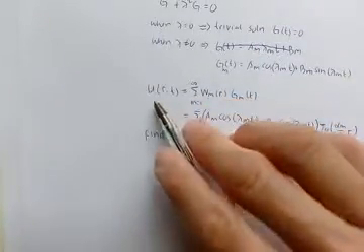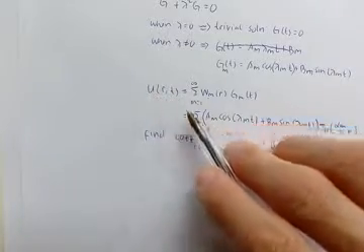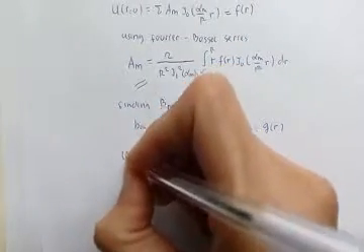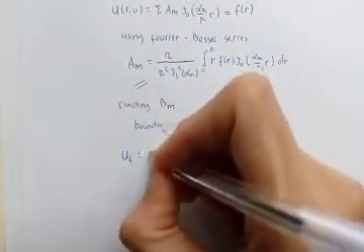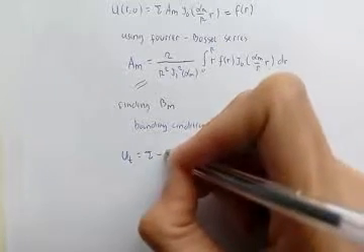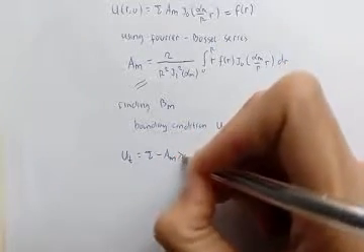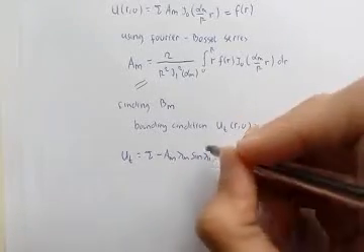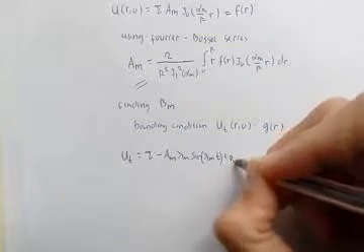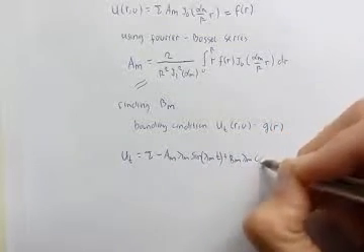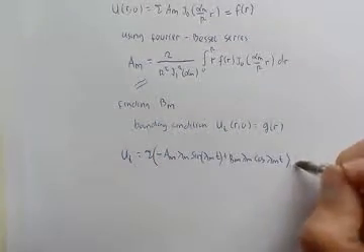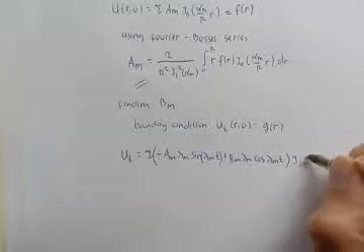Here we have u, and then we take the derivative of u with respect to t. So we have u_t equal to minus a_m lambda_m sine lambda_m t plus b_m lambda_m cos lambda_m t, multiplied by the Bessel function.